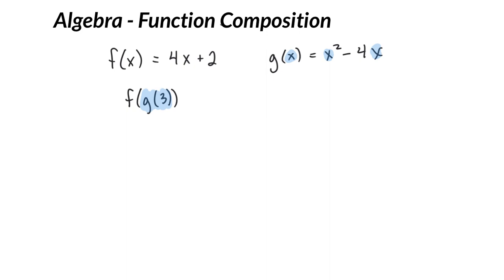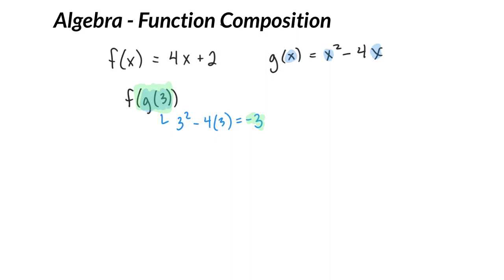So when we do that, just thinking about g of 3, we get 3 squared minus 4 times 3. Well, that is negative 3. Negative 3 is going to become our input in place of this.